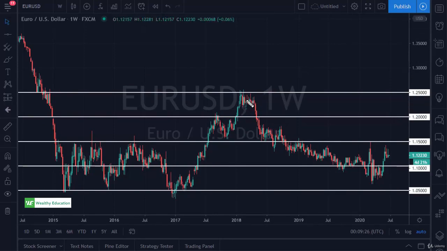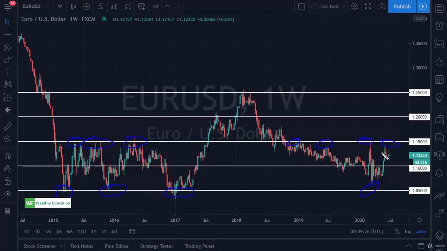But it makes more sense if there's an area where there's been a lot of buying, for example in the euro, to buy it once we get closer. You don't want to sell into that. There's plenty of orders there. Just like you don't want to be one of the buyers up here. Now, if it breaks above, that's a different story, but it hasn't. It hasn't been able to close above there.